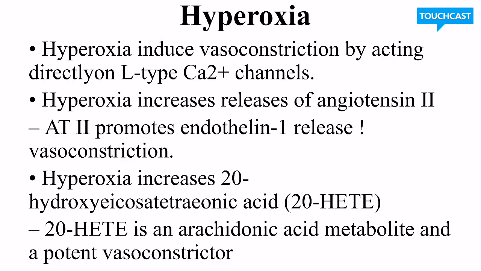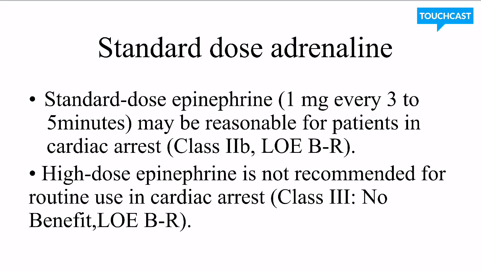This is because recently they noticed that hyperoxia, meaning high concentration of oxygen, is not good for the heart itself. There is no change in the dosage of the adrenaline. Still we use 1 milligram every 3 to 5 minutes.